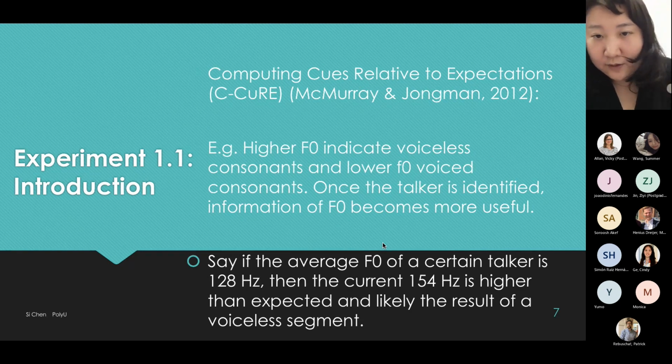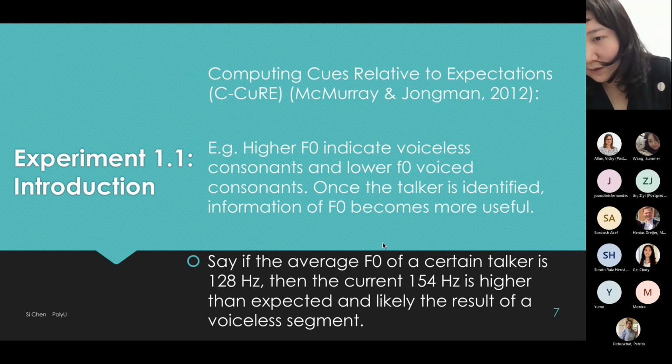I guess we all know that usually higher F0 would indicate voiceless consonants, and lower F0 would indicate voiced consonants. If the talker is identified, so if you have some information about the talker, then it's probably much easier for you to decide whether this is higher F0 or lower F0.